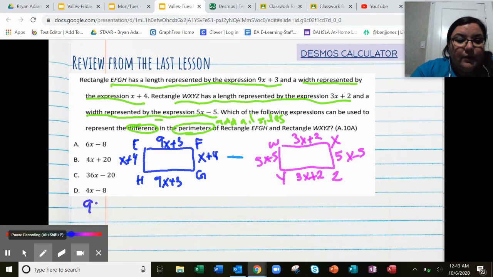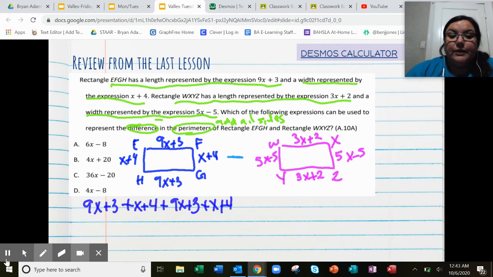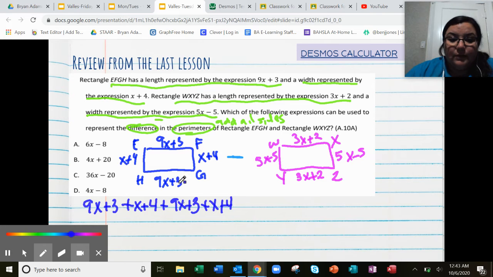I'm going to write it all the way across, and then plus x plus 4. Notice how I wrote it all out, meaning I had to go all the way around, not just these two.